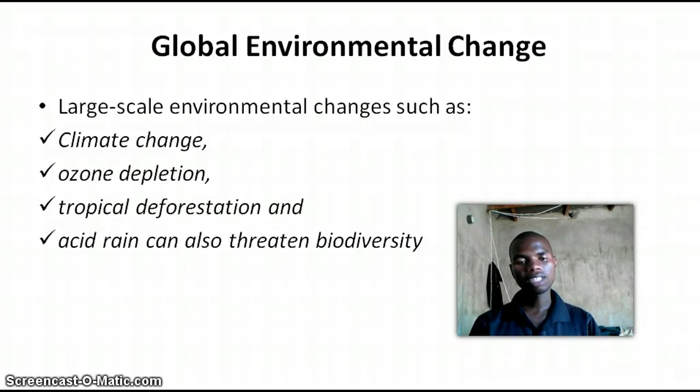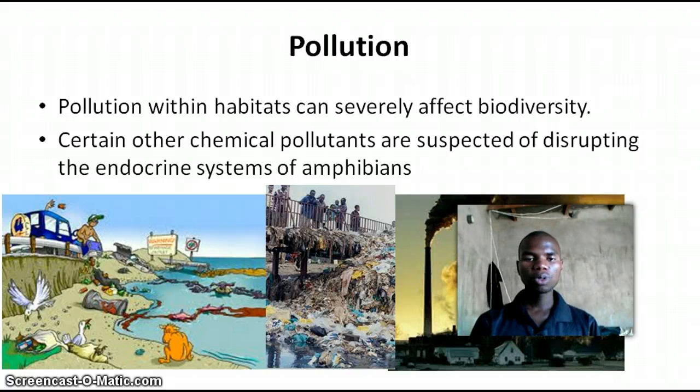Even the ultraviolet rays are no longer really blocked by the ozone because it's depleted. And then the forest that was once a big tropical rainforest, a reservoir of animal biodiversity hotspot, but now it has been destroyed for agricultural purposes.